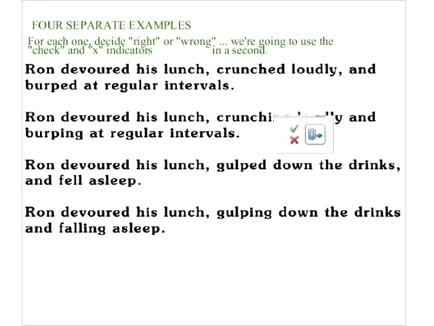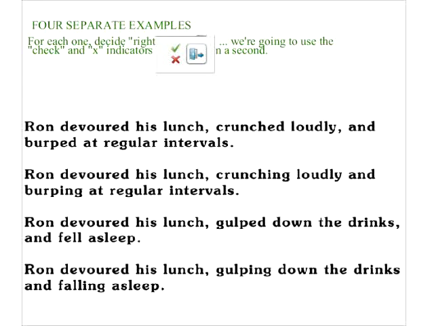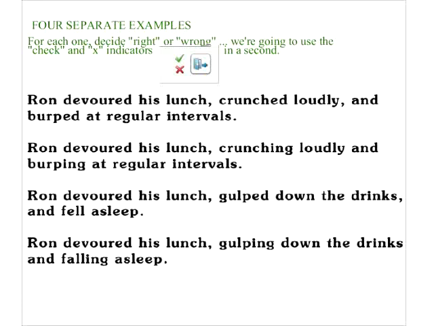So these indicators that look like that, we're going to be using those in just a moment. So take a look at these and decide whether you think that they are correct or incorrect. Please do not use the chat box to answer this. We're going to go through these one by one and gather the opinions of the class.